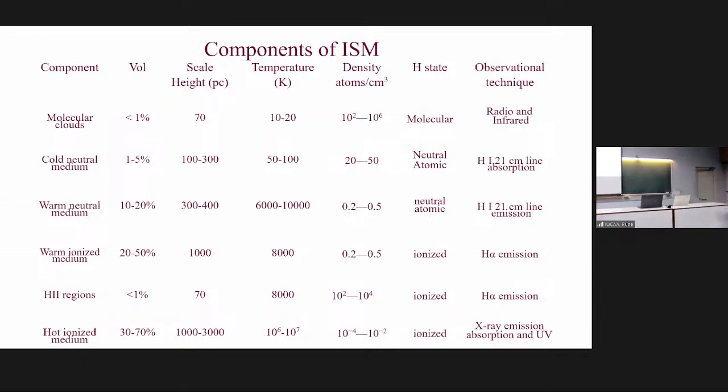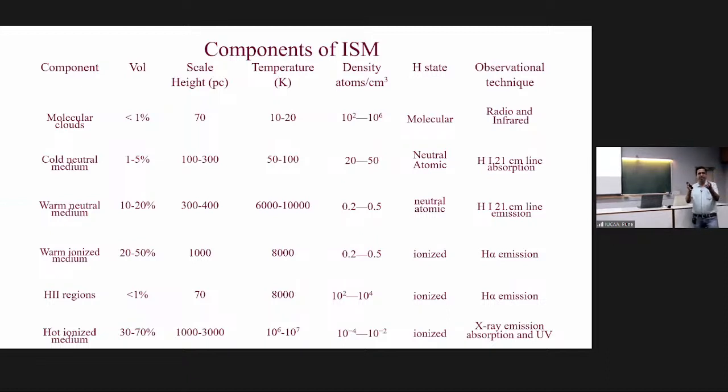Then we have the cold neutral medium, where the density is less and the temperature is higher. As we go down, the temperature keeps increasing and the density becomes rarer and rarer. H II regions are dense because they are in the vicinity of young massive stars.